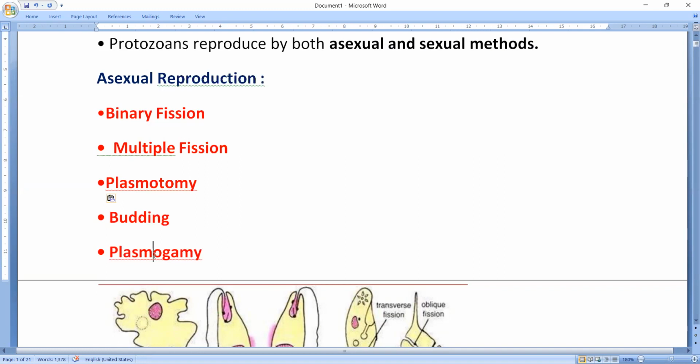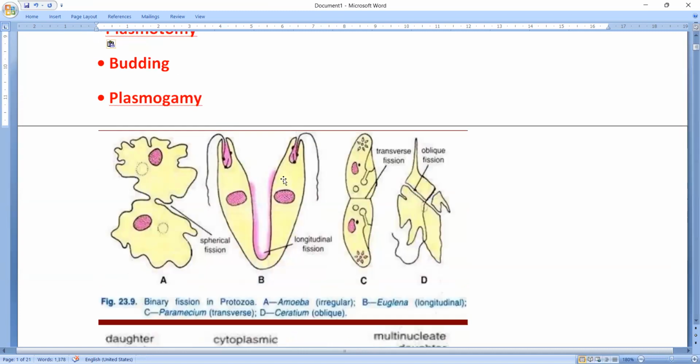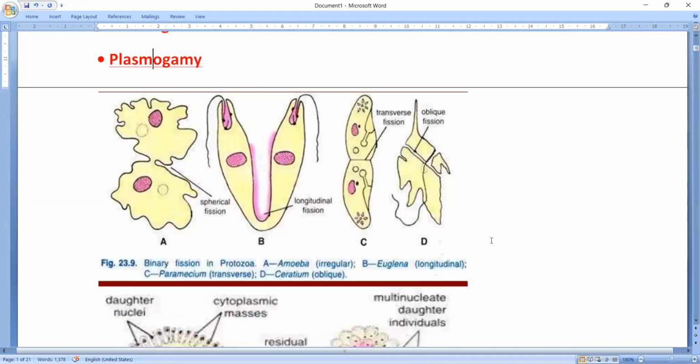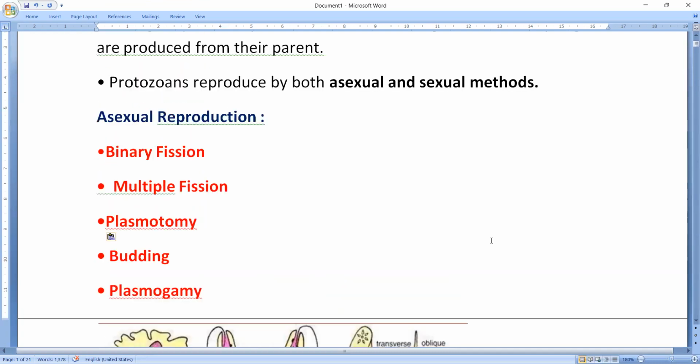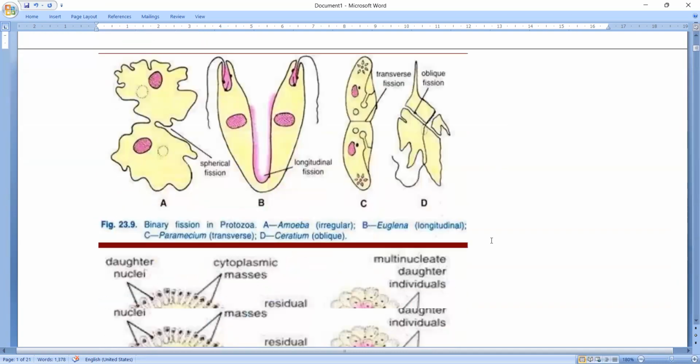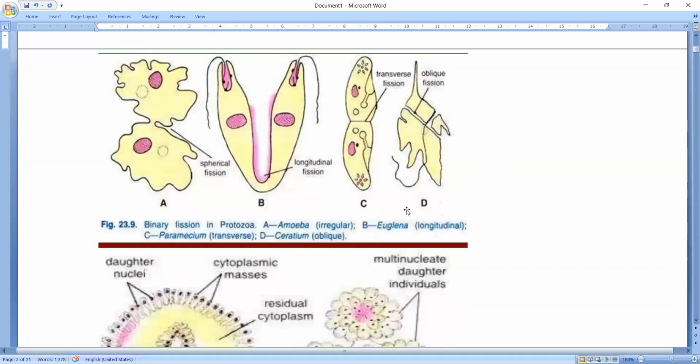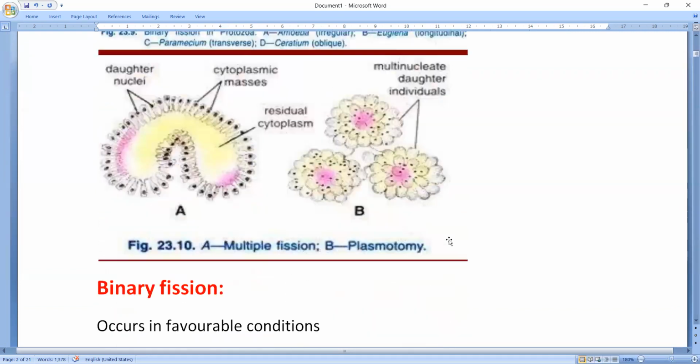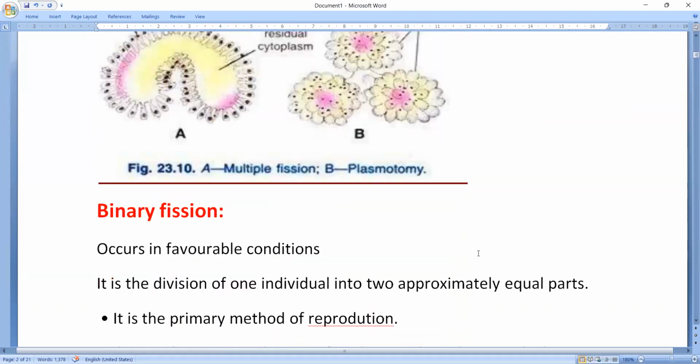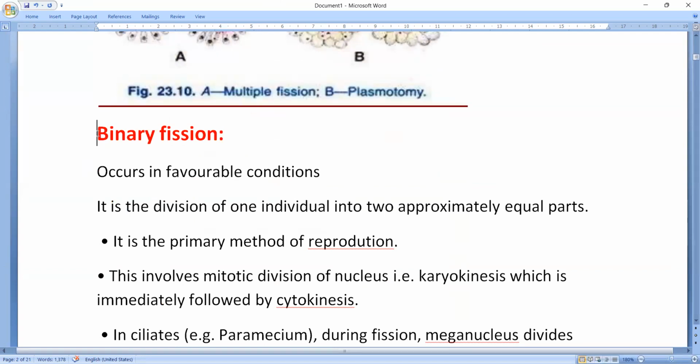This plasmogamy is not actually a part of reproduction, but still, okay. So let's see about the different kinds of asexual reproduction. So first one is binary fission.